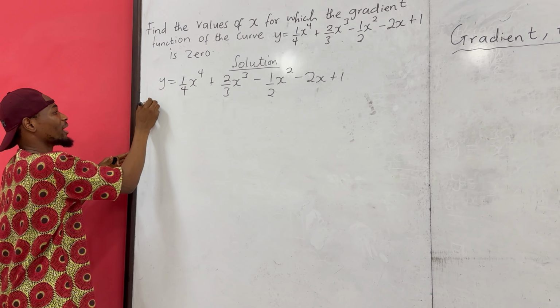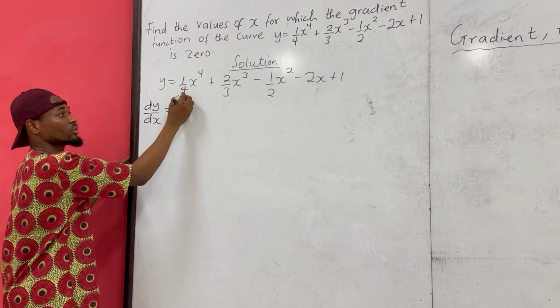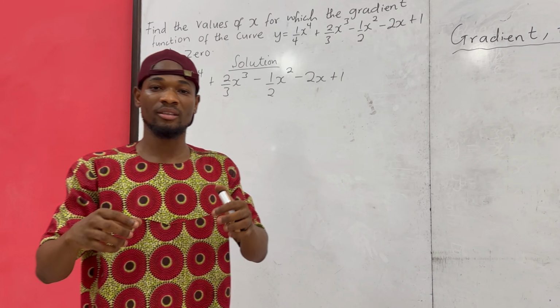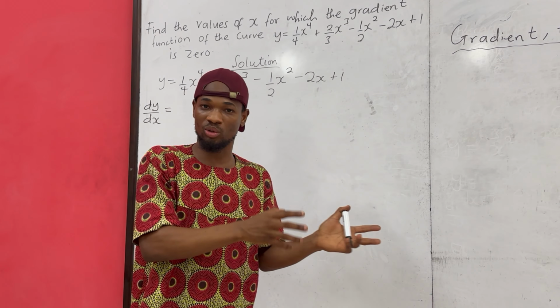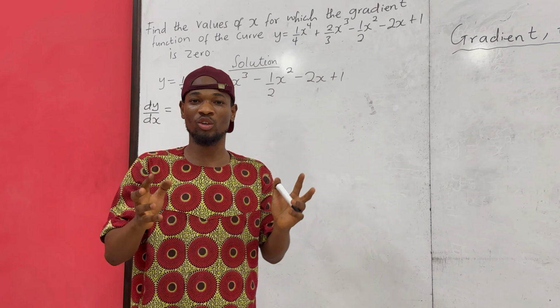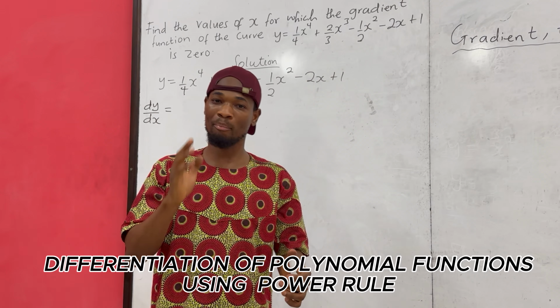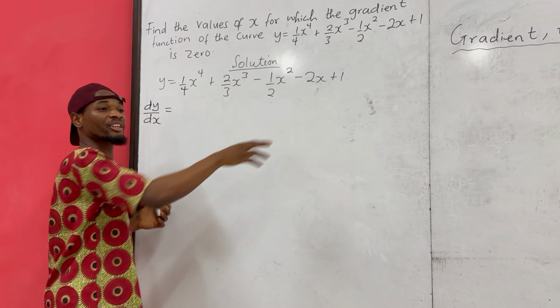I'll have my dy over dx, which is equal to... Viewers, if this is your first time, kindly visit my lectures on the previous videos, where I've dealt with differentiation of polynomial functions using the power rule. So here I'm going to employ my power rule to differentiate these.